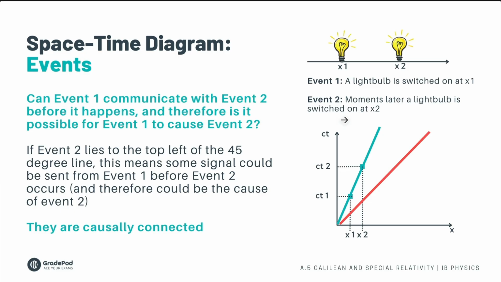And we can answer that question by checking that the world line between these two events is steeper than the speed of light. If you connect the two events with a world line, and you see that the gradient of that is steeper than the gradient of something being communicated by a photon, then yes, light bulb 1 could cause light bulb 2 to turn on. So it is possible. They are causally connected.